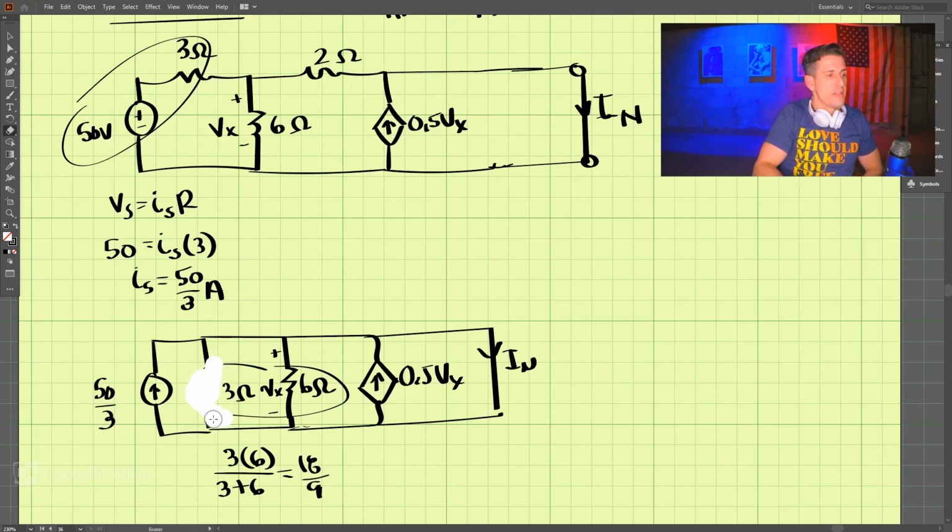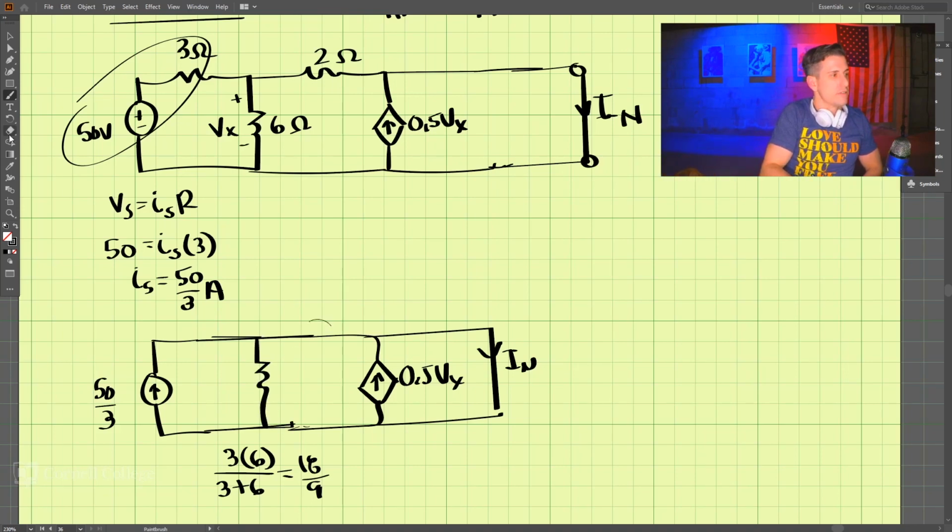And so I'm just going to erase this and draw in our resistor that is now 2. I guess I forgot this resistor. We need to have that resistor in there. So that is 2 ohms here, and this is 2 ohms here. And so that's Vx.